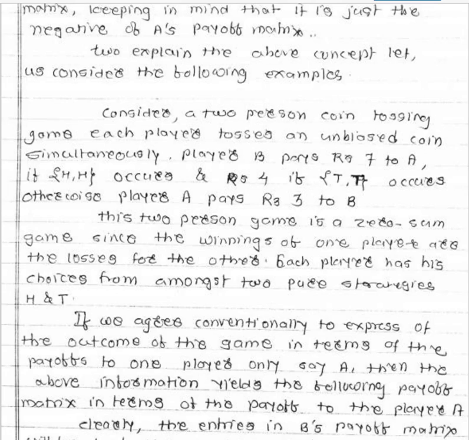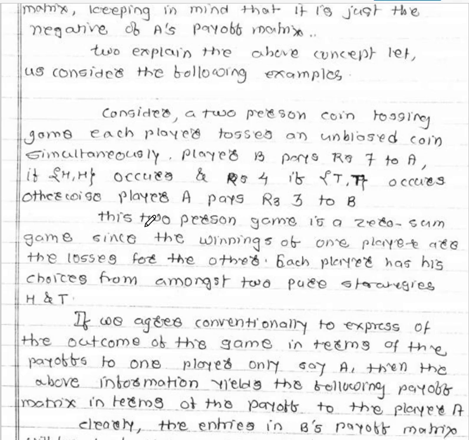Okay. Consider a two-person coin tossing game. Each player tosses an unbiased coin simultaneously. Player B pays rupees 7 to A if a head-head occurs, and rupees 4 if the tail-tail occurs.